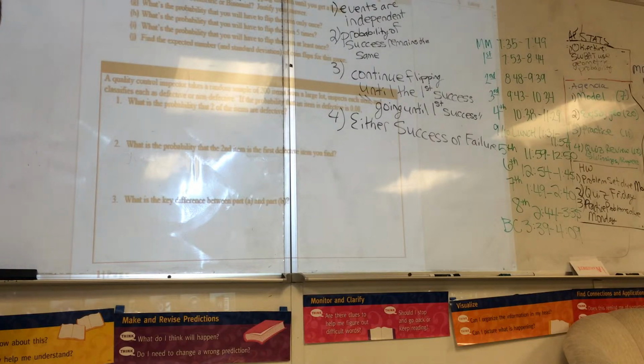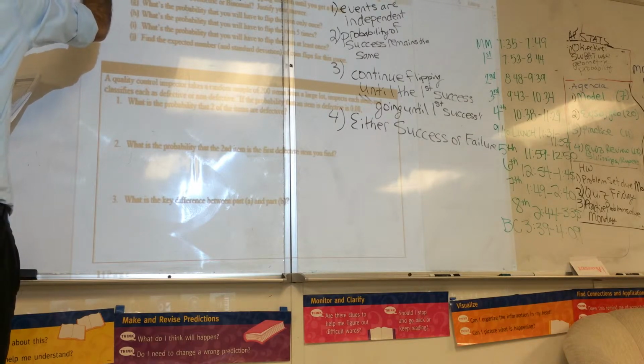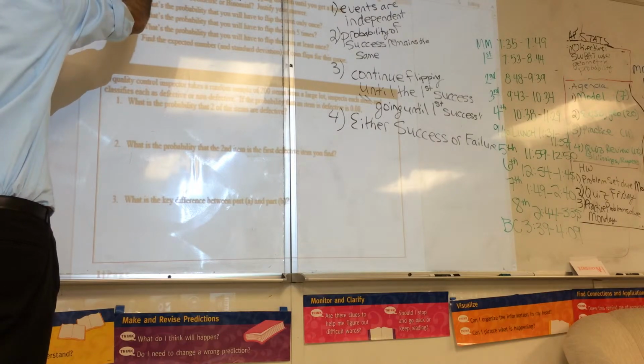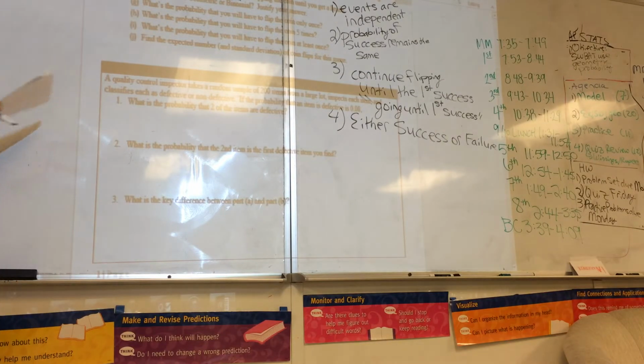The probability that x equals k, and again, let's just get this down first, and then we'll go from there, is 1 minus p to the k minus 1 times p. Let's copy this down, and then I'll explain in words what we're saying here.